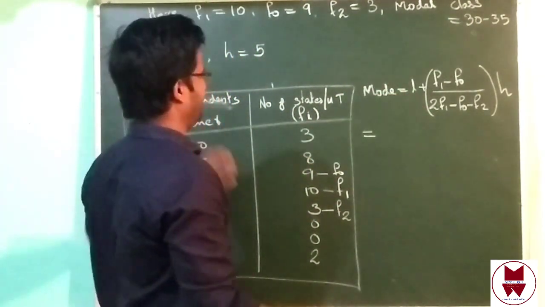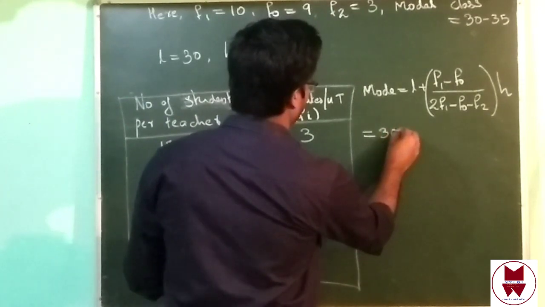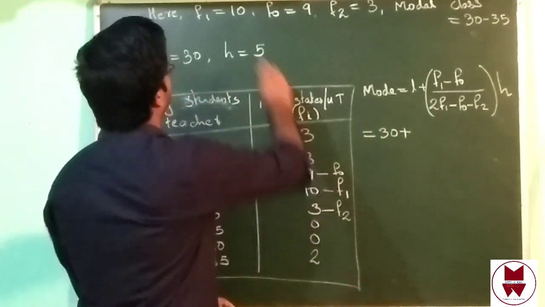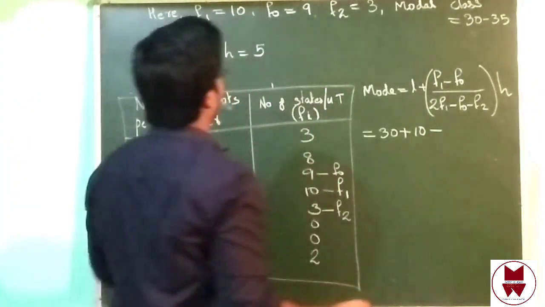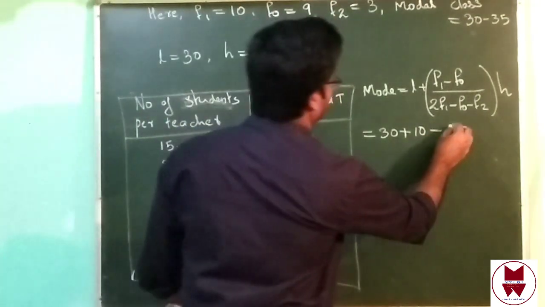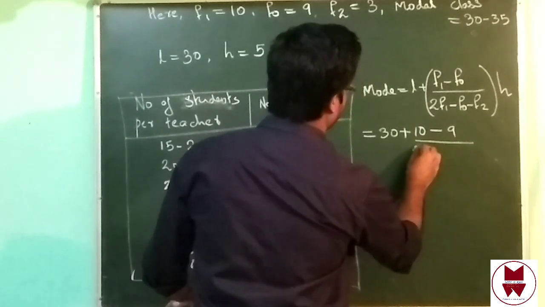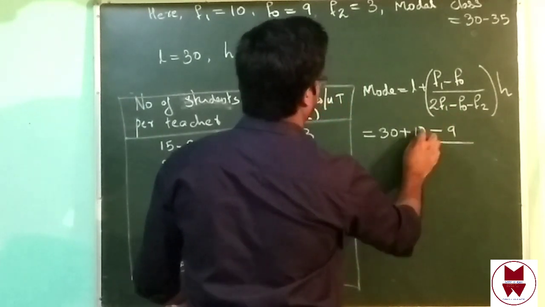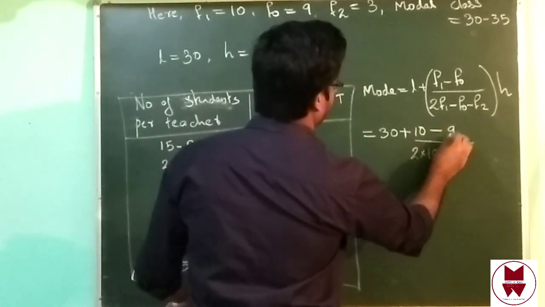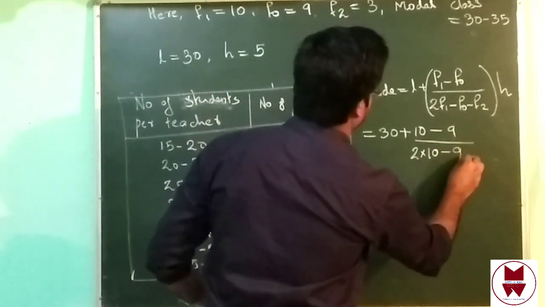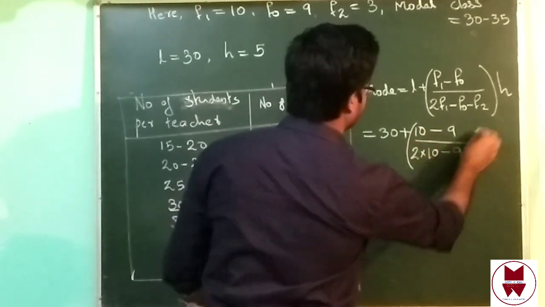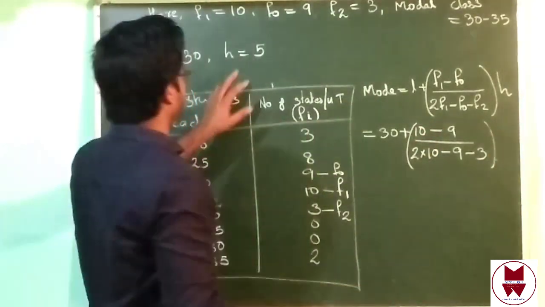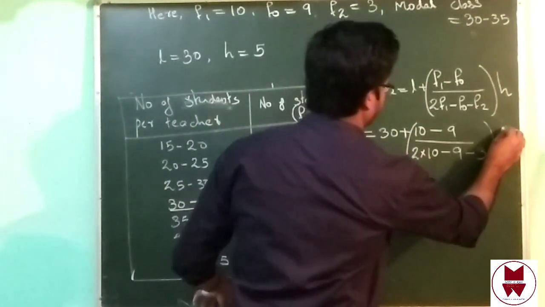L means 30, plus f1 is 10, then minus f0 is 9, divided by 2 into f1 is 10, minus f0 is 9, f2 is 3, into h. What is h? H is 5.